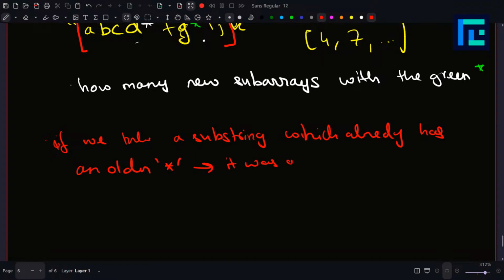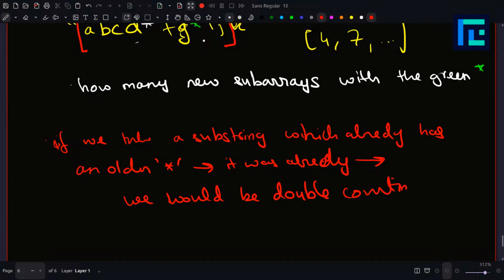What would we be doing? We'd be doing what is called double counting, right? We would be counting it twice, and our answer would be wrong. We would think we have more subarrays than we actually have.